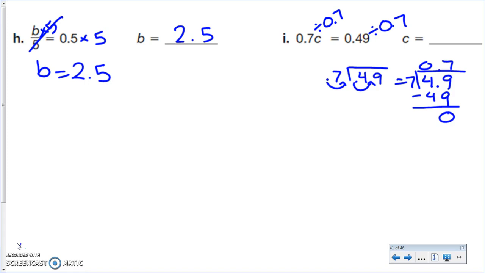And then when we do 49 hundredths divided by 7 tenths, we get 7 tenths as our answer. So c equals 7 tenths.